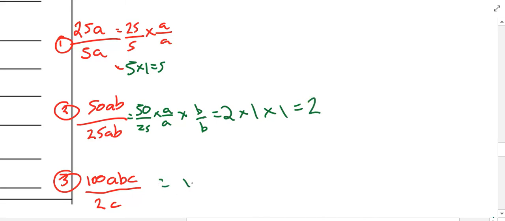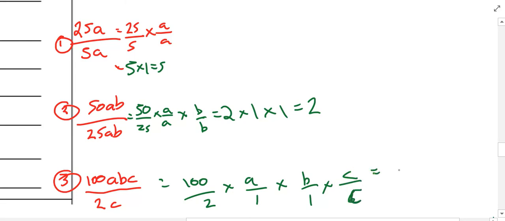And then we've got 100 over 2 multiplied by A just over 1 because there's no A on the denominator. We've got B just over 1 because there's no B on the denominator. And we've got C over C. So 100 divided by 2 is 50. A divided by 1 is just A. B divided by 1 is just B. And C divided by C is 1. So in algebra, we write that as 50AB.